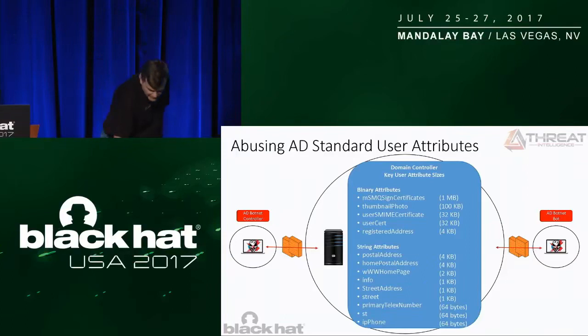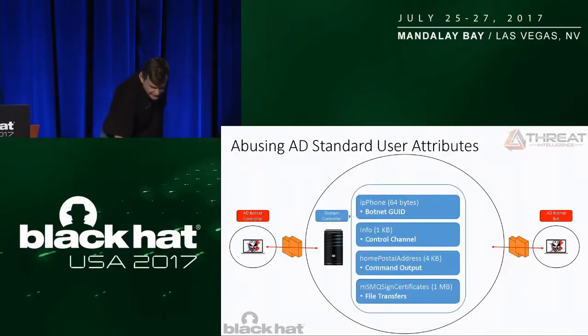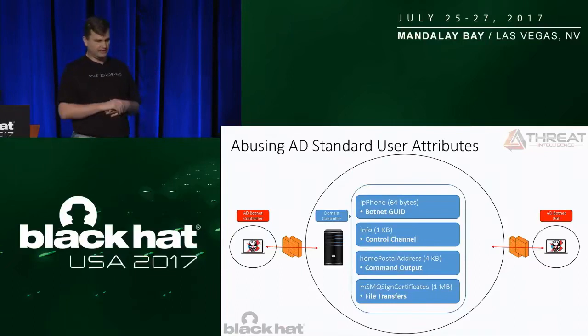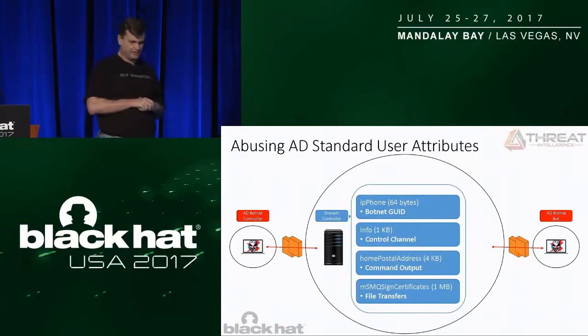So in terms of establishing our botnet, the way we did it is when a node or a bot registers, one of the first things it does is that each botnet has a unique GUID. As part of its initialization routine, it updates the IP phone attribute with this GUID.